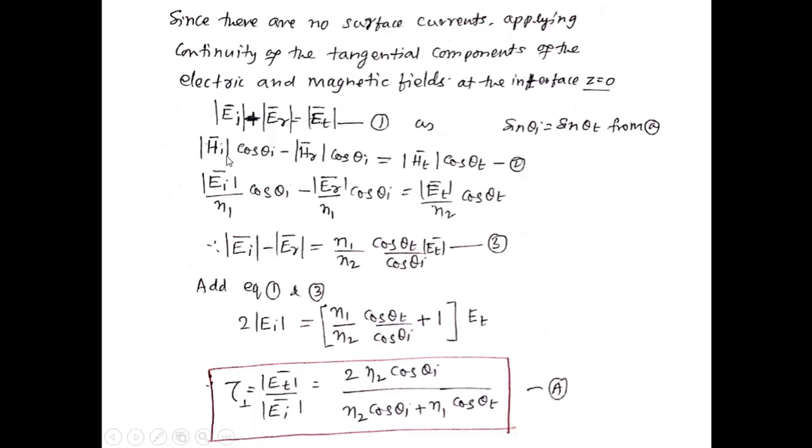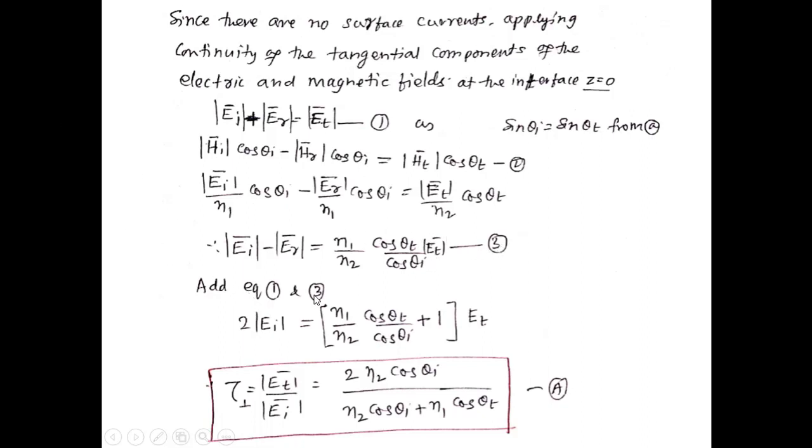Therefore, substitute H_I bar equals E_I bar by η1, H_R bar equals E_R bar by η1, and H_T bar equals E_T bar by η2. So we will get E_I bar minus E_R bar equals η1 by η2 times cos θ_t divided by cos θ_i into E_T bar, by simplification, equation number 3.